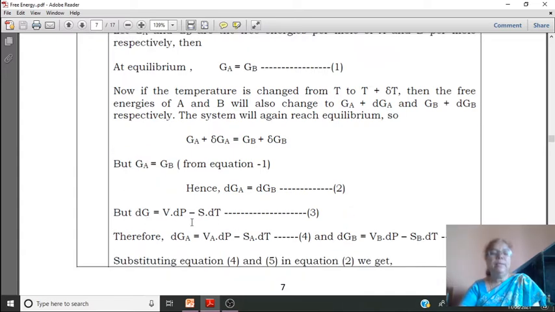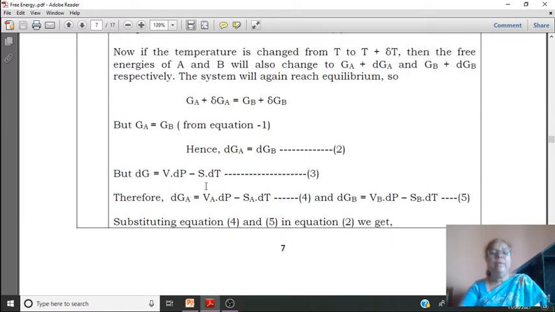But for dG, as we have already seen in equation number 3, dG equals V dP minus S dT. We apply this equation for the phase change and write dGA equals VA dP minus SA dT.